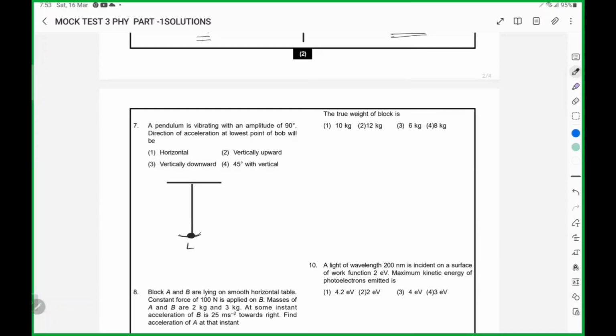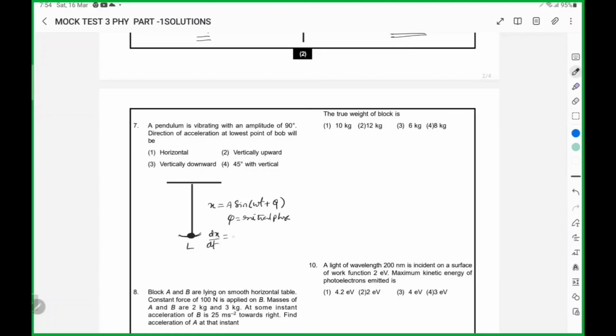Once it executes SHM, its equation is A sin omega t plus phi. So phi here is the initial phase.